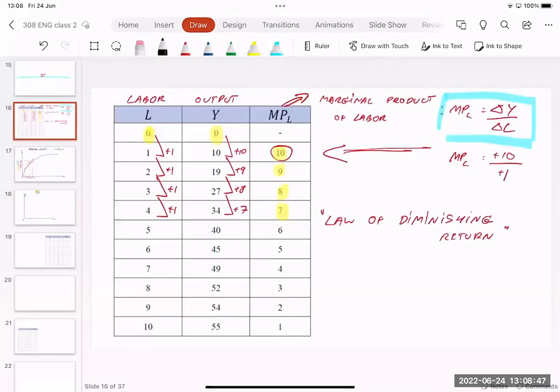If you go back to the table, the first column is L, the last column is MPL. The number of L keeps increasing. The number of MPL starts at 10 and goes down to 9, 8, 7, 6, going down because of the law of diminishing returns.